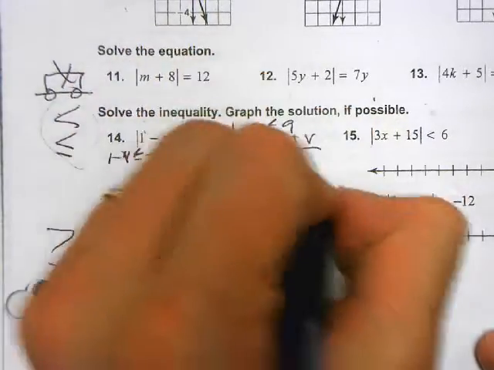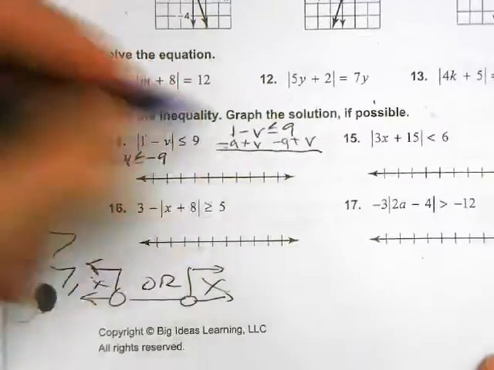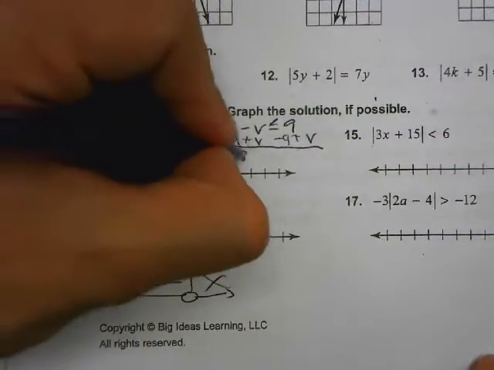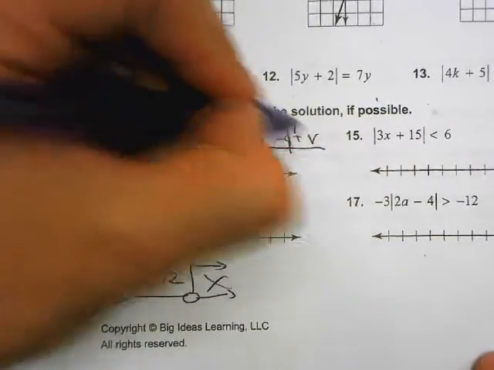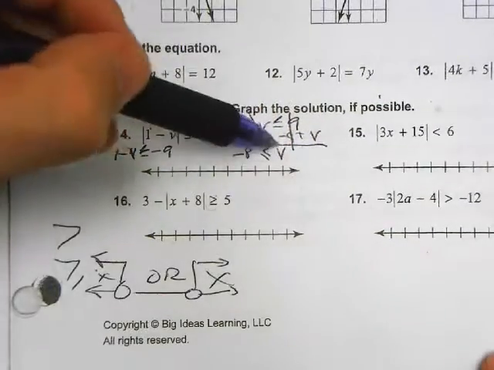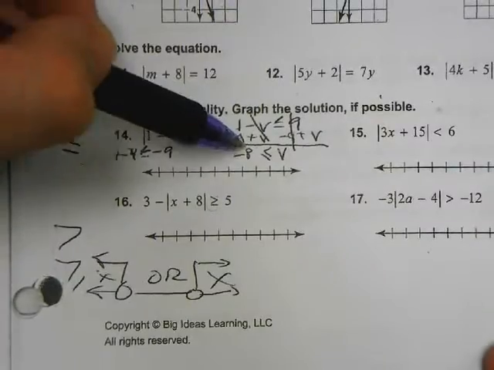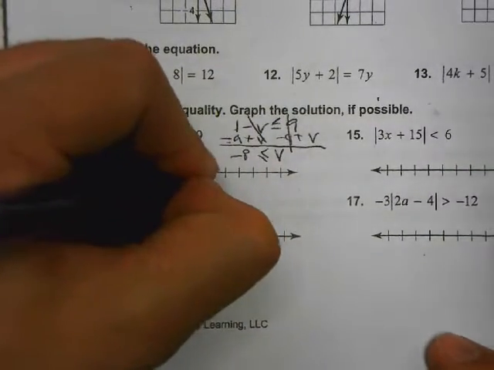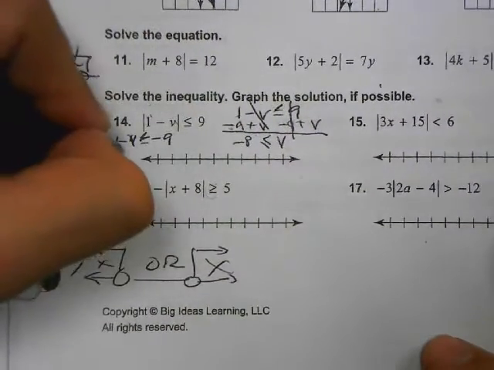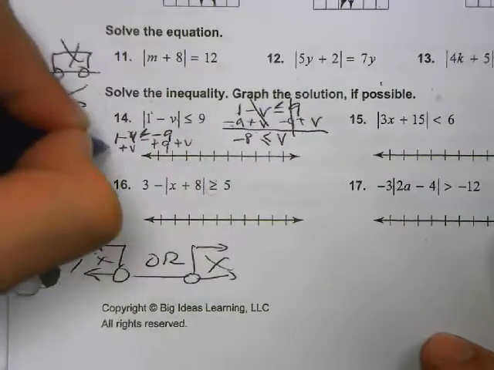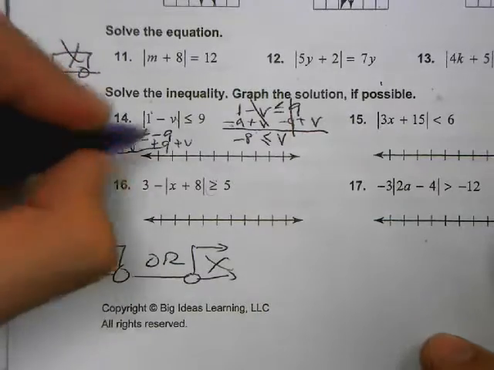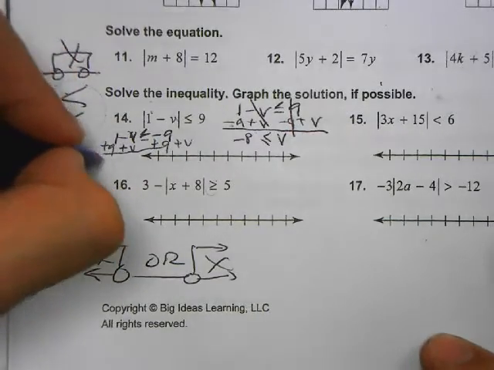So I can get negative 9 plus 1 is negative 8. And then this will be v. So v is greater than or equal to negative 8. I'll go here. And then I can add v to both sides. Add 9 to both sides. And this will say 1 plus 9 is 10.